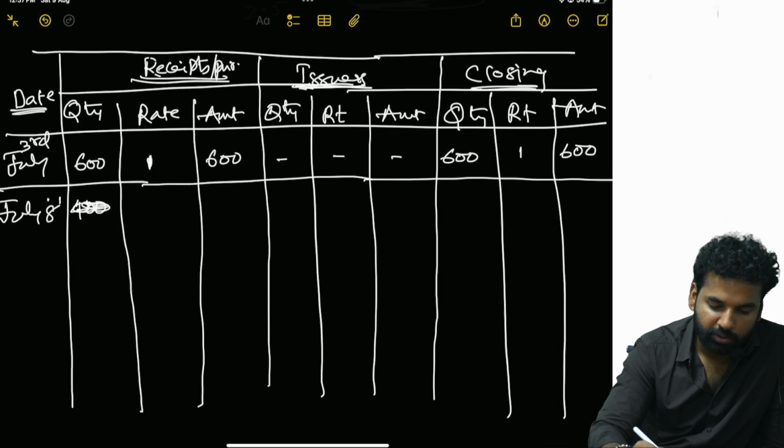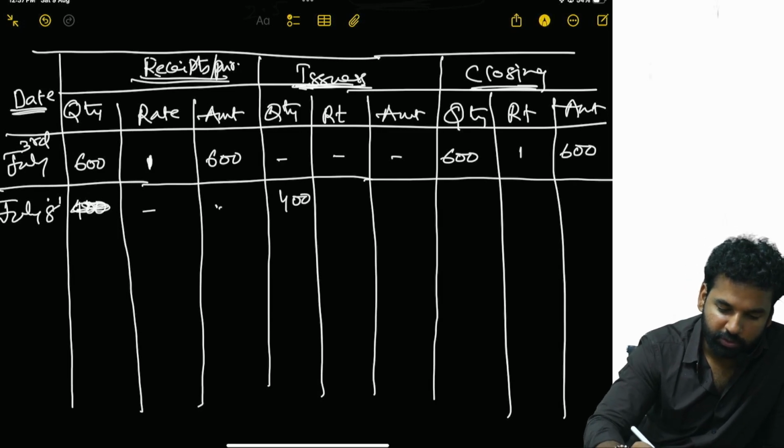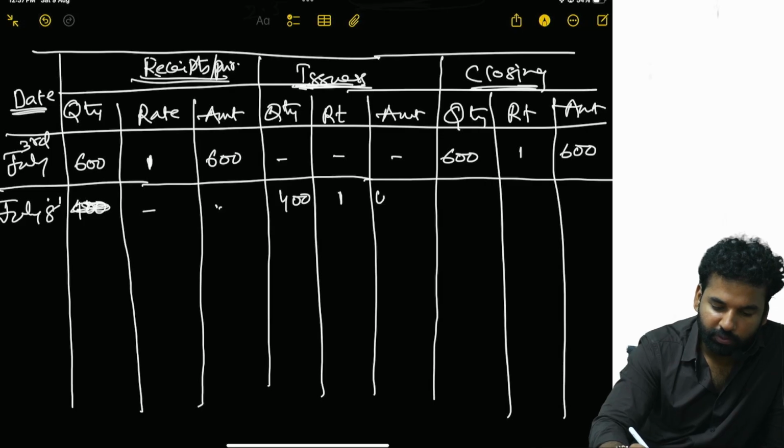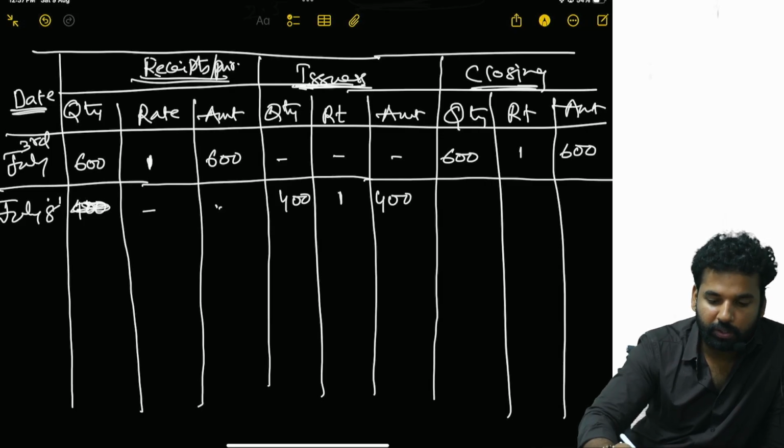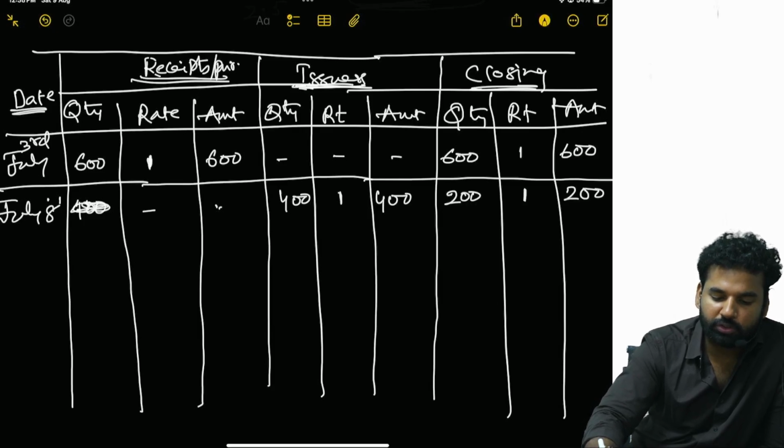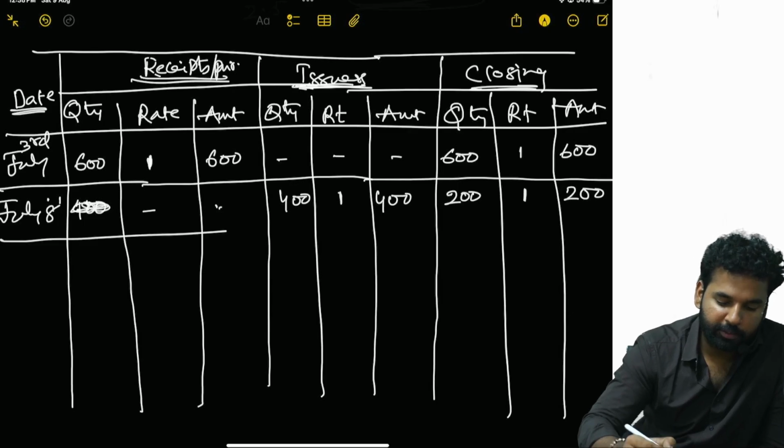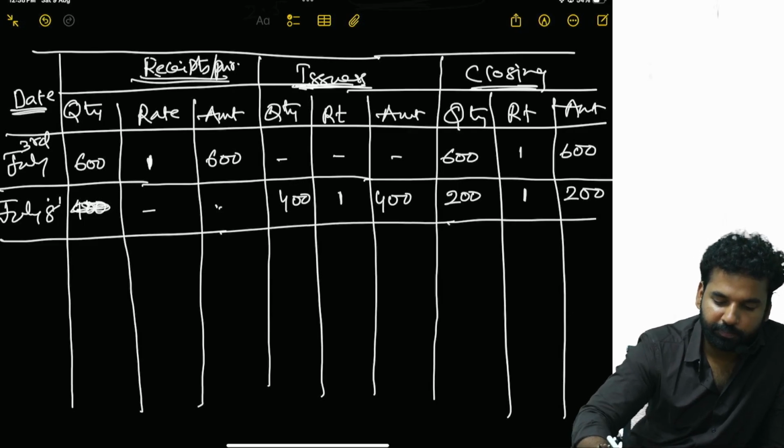Correct? 400 issued, so the rate will be 1, 400. Remaining, how many will be there in the stock? 200 will be there, at rate 1. 200 will be the closing stock, correct? This is the second day.